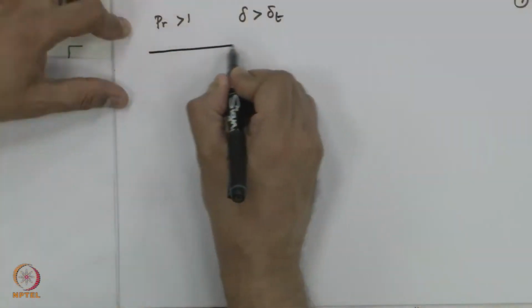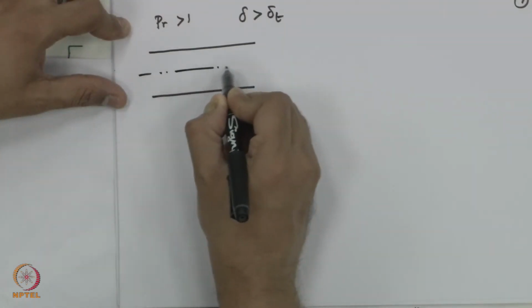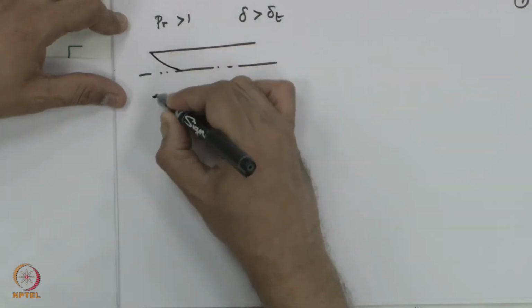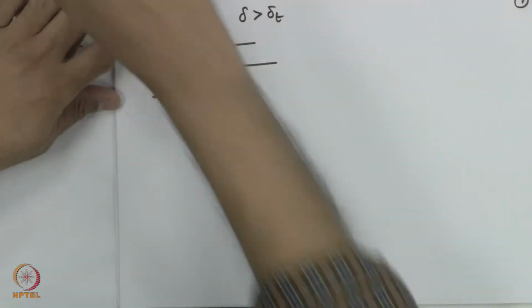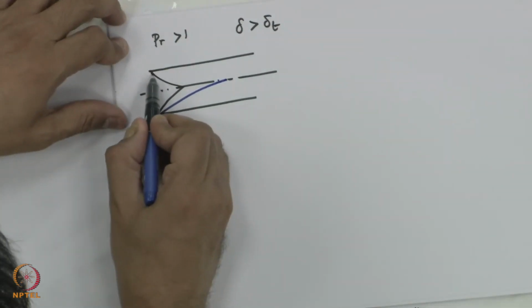Now, if I have Prandtl number greater than 1, delta grows at a faster rate as compared to delta T, which means I take this pipe, delta grows faster. So, delta is this, thermal boundary layer is slower, is thinner, right.